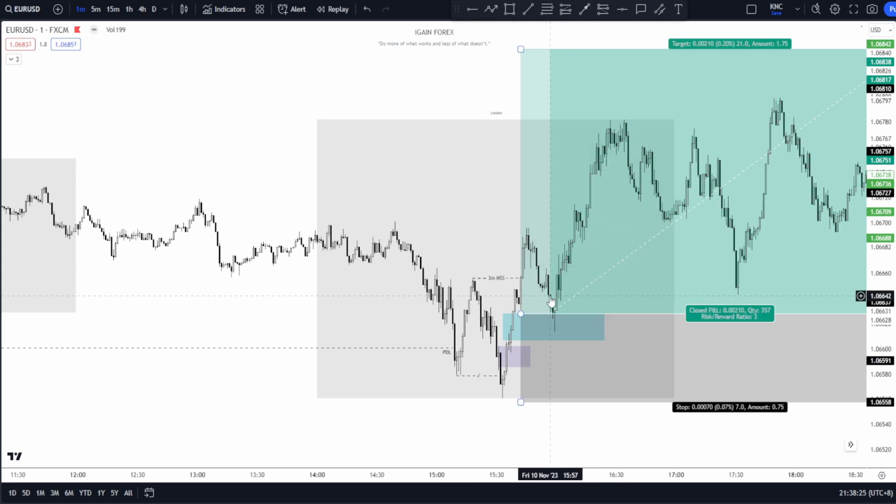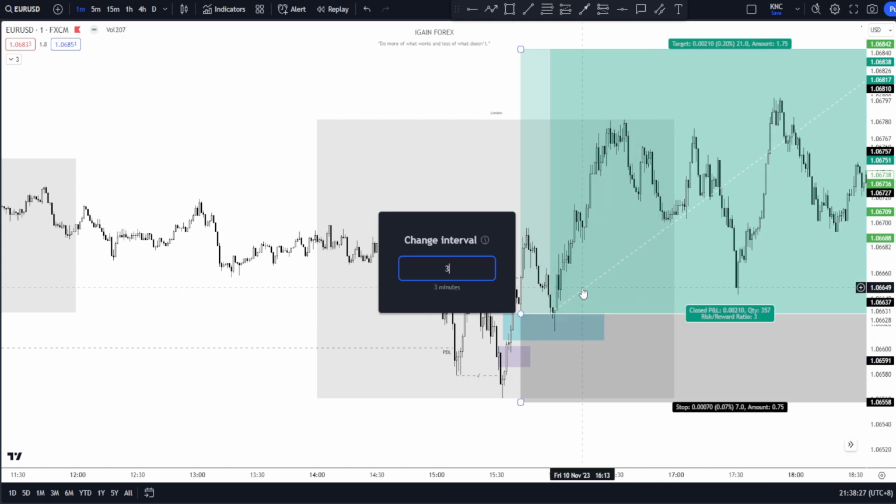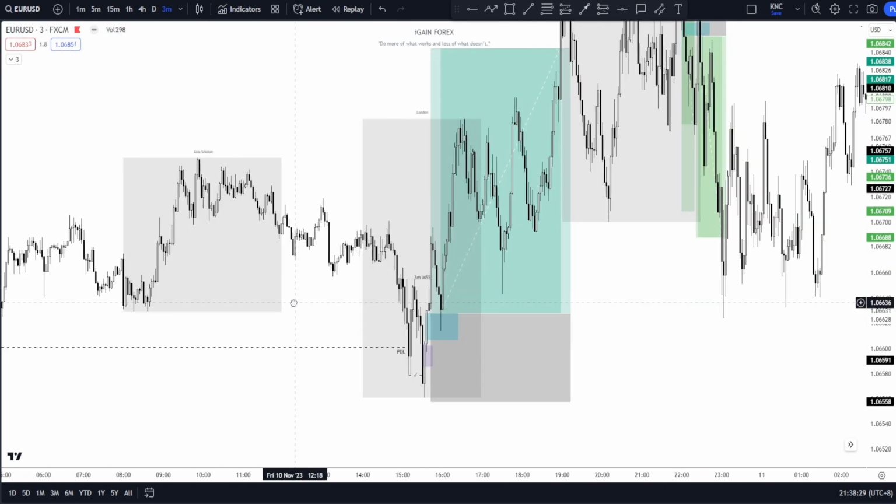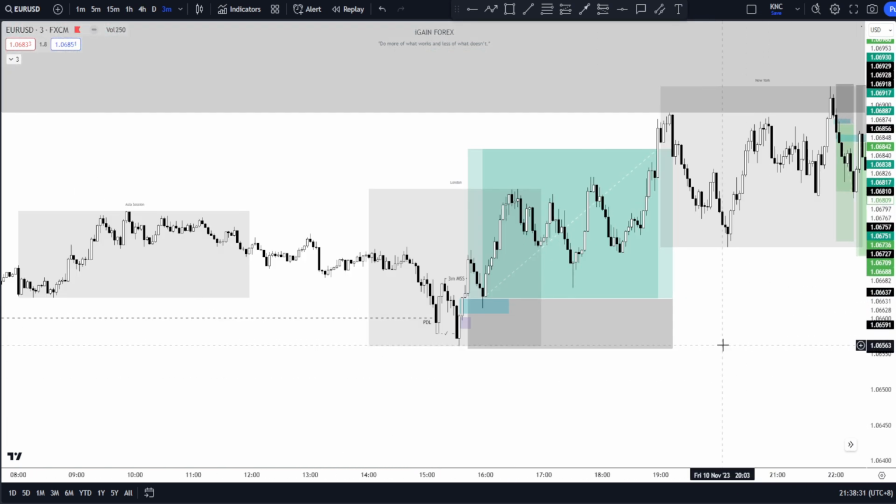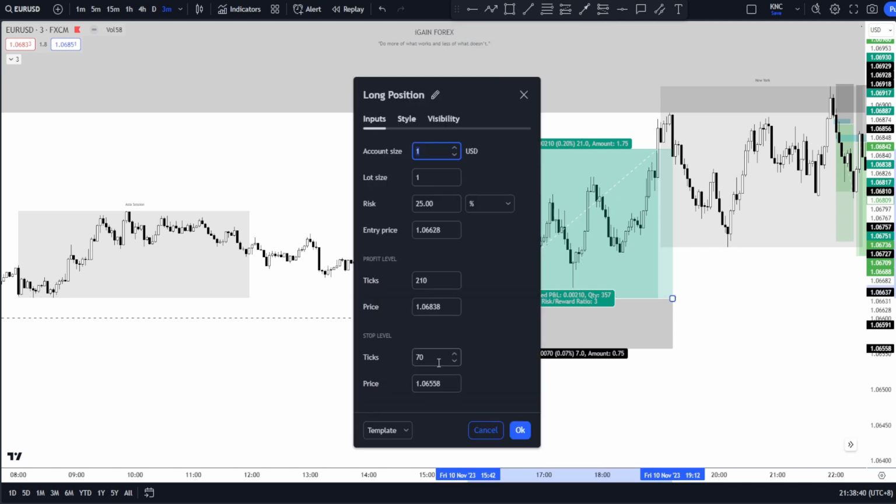So I tried the 3 minutes time frame, and we have seen an opportunity at this area: 3 minutes market structure shift, fair value gap. So I entered at this fair value gap here, 7 pips stop loss, and then 21 pips for take profit.